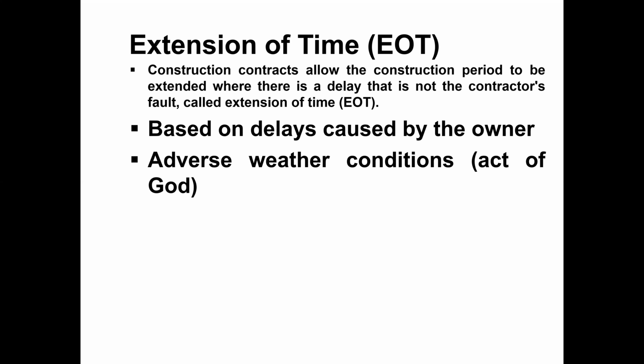Or there could be adverse weather conditions, like an act of God, in terminology. Maybe flooding in that area, adverse weather conditions, or some cyclone, like what we discussed before, flooding, or maybe an earthquake or anything, these kinds of things beyond the control of the contractor.